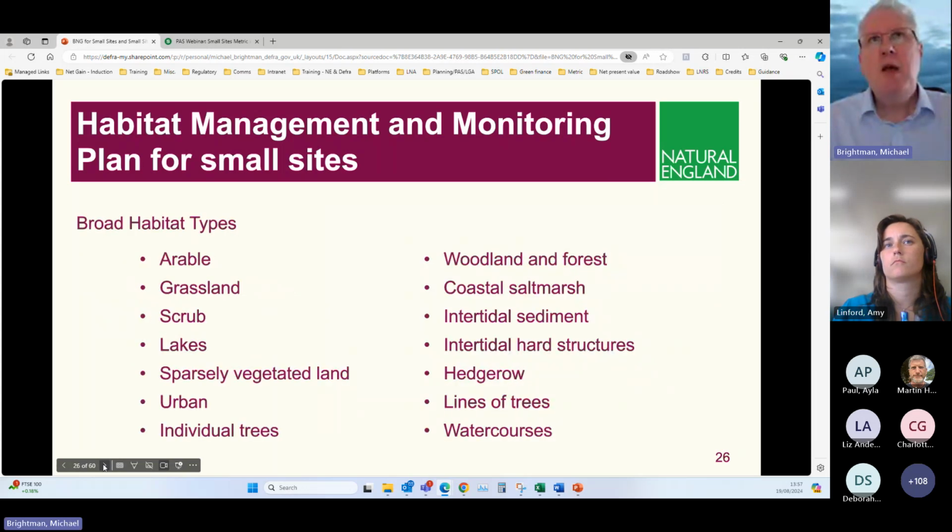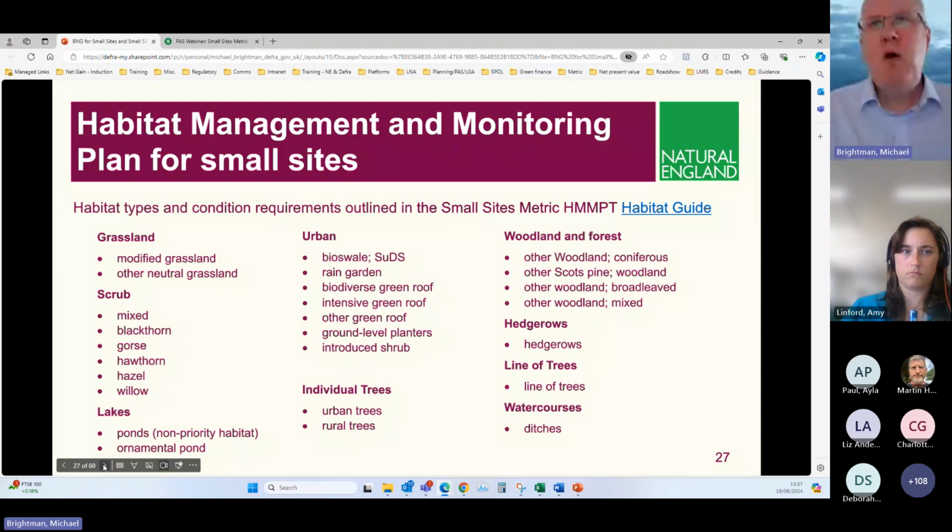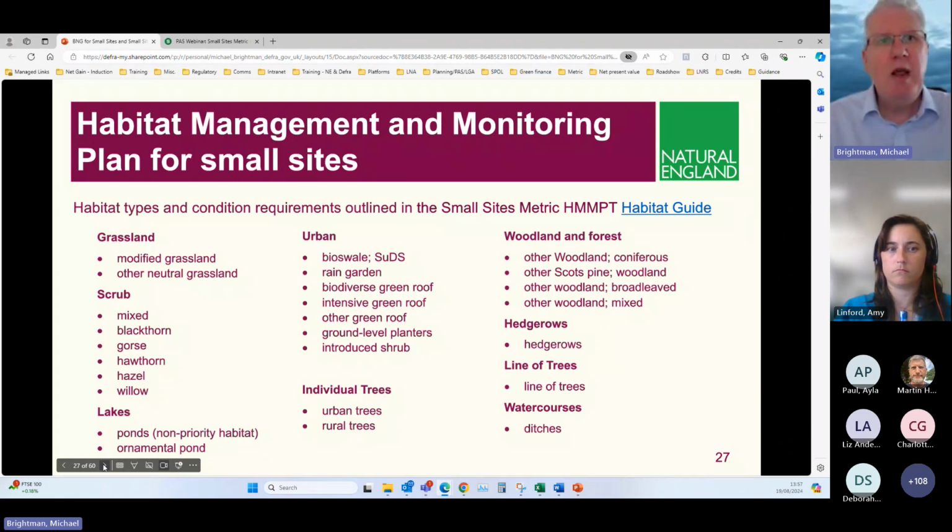Within the habitat guide and the HMMP are all these broad habitat types for very low, low and medium distinctness habitats. And at a final level of detail, this is the full list of habitats available in the habitat guide. But some of you may notice that not all the habitats are present on this list.